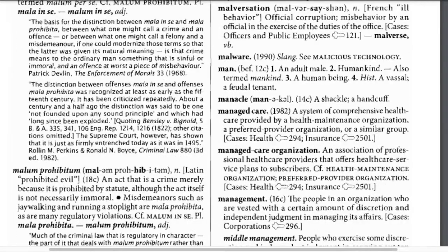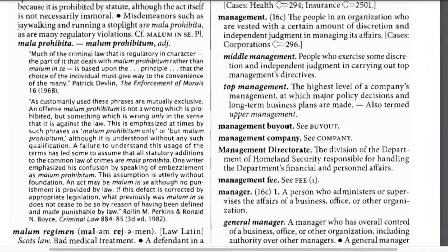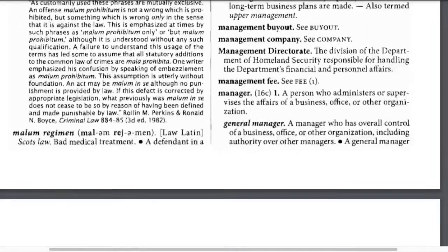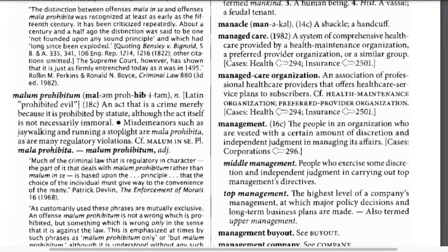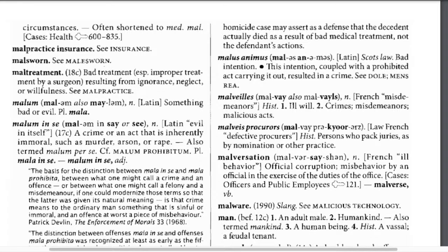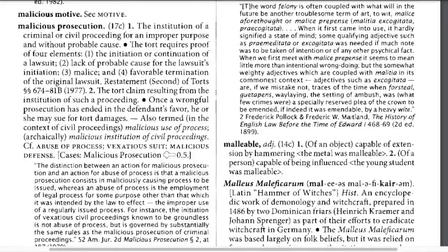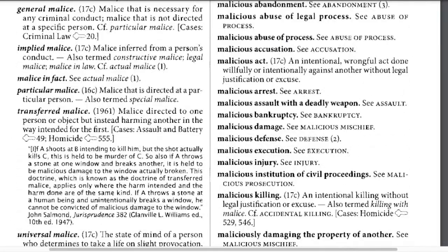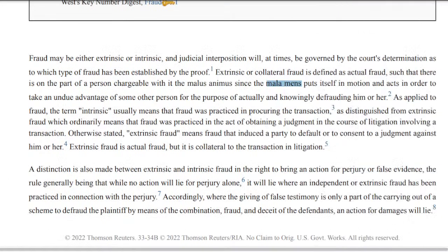It's on here somewhere. Did I miss it? Oh, it's up here. Okay, it gave me the wrong page. Jurisprudence.